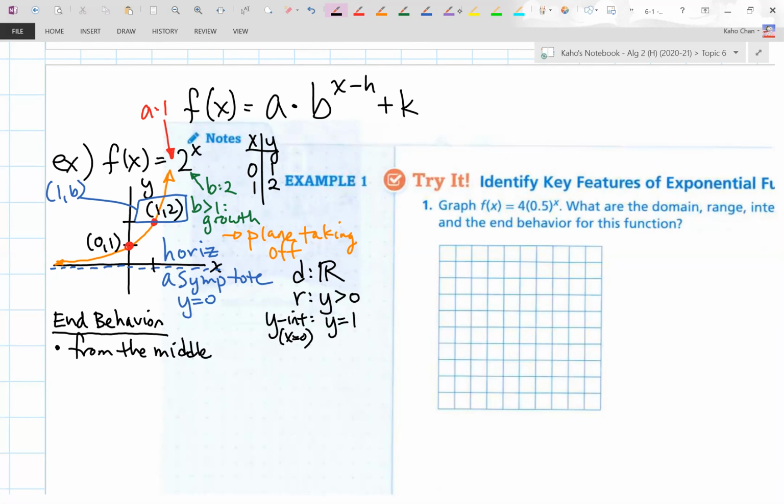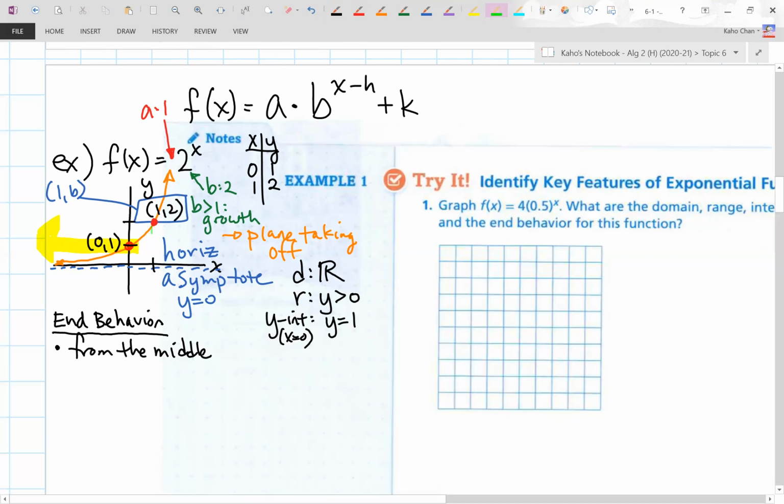End is from the middle. So if I go from the middle to the left, the graph is approaching a certain number. Is it going way down to negative infinity, or is it going way up to positive infinity? Or in this case, going way left, it's approaching the horizontal asymptote. Y equals 0. Isn't that interesting?